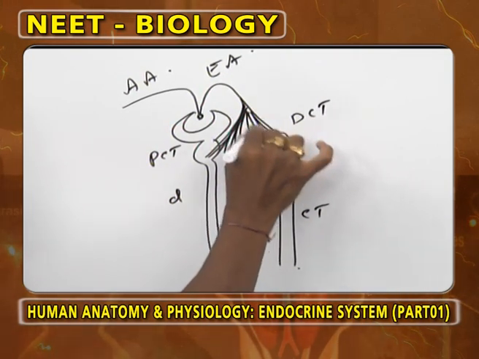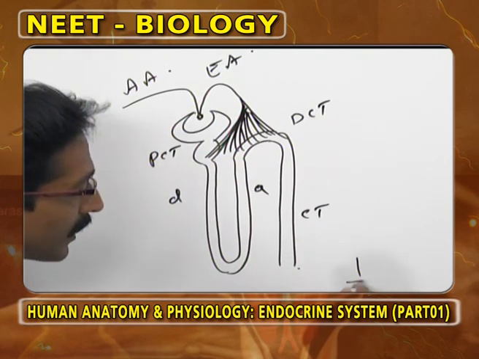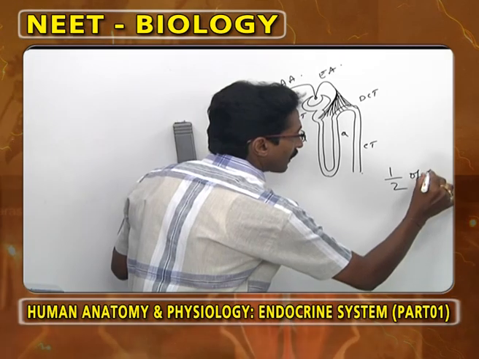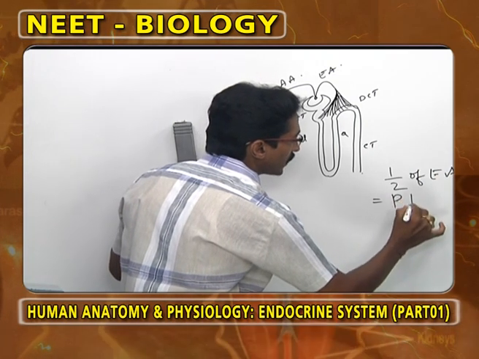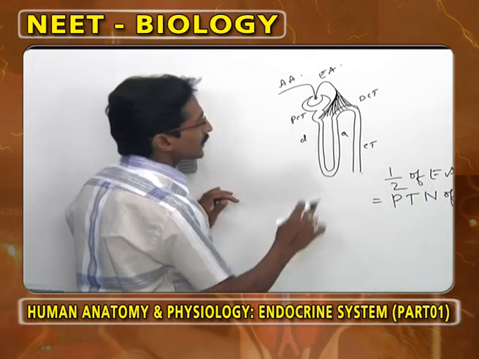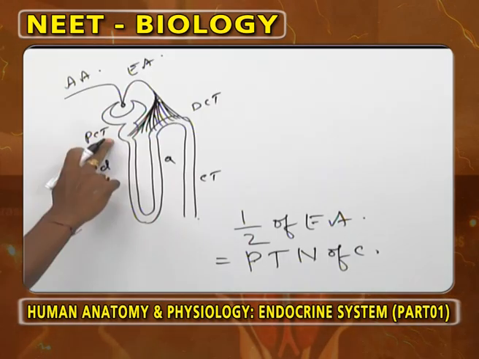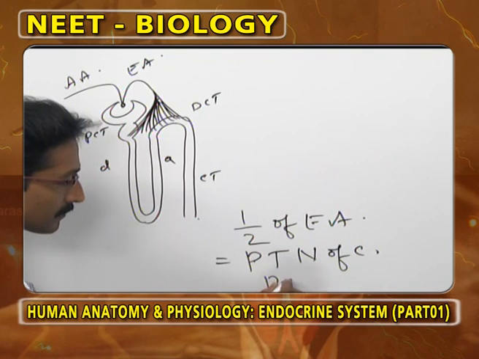The part of efferent arteriole gives rise to the peritubular network of capillaries. Now the peritubular network of capillaries is associated with PCT and DCT.